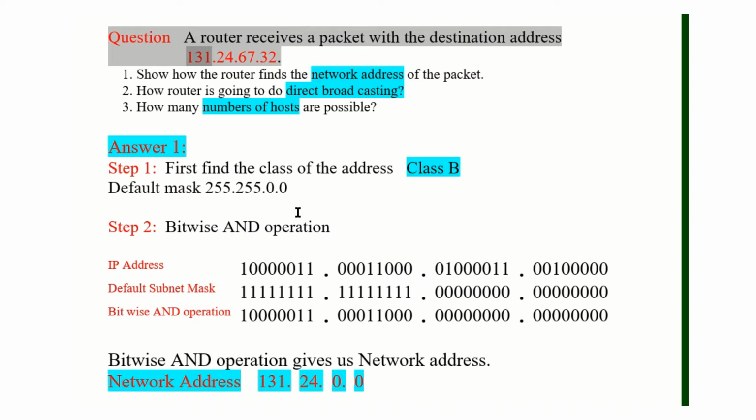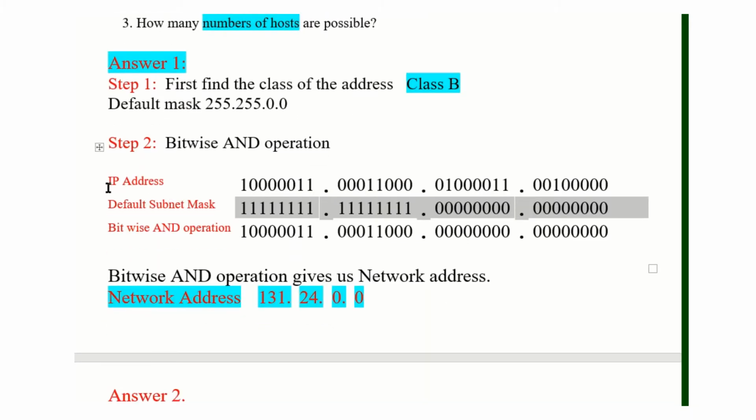So we have to find out the network address. How to find out the network address? First of all, convert the given IP address into binary number system, and convert the default mask into binary as well, as shown here. Then perform a bitwise AND operation between the IP address and the default subnet mask.